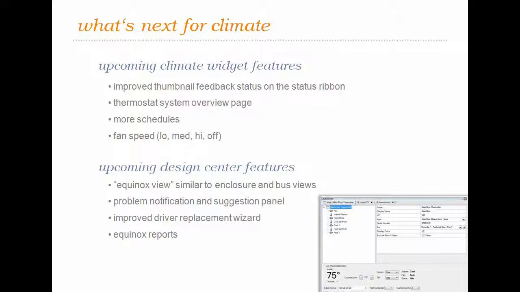So a couple of things that we're going to do is improve what we call the ribbon. So when you're in the climate widget second level, there is the top left-hand side the opportunity to press the thermostat's name and present a quick jump ribbon. And on that ribbon we show you, let me back up.